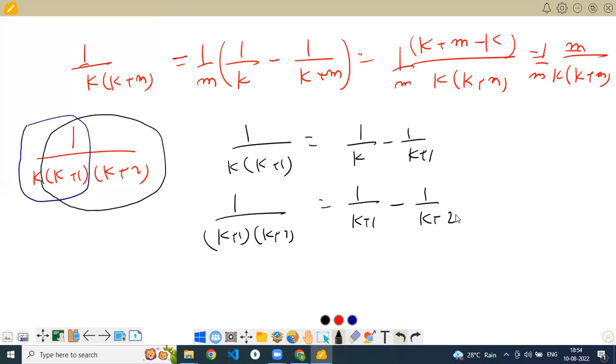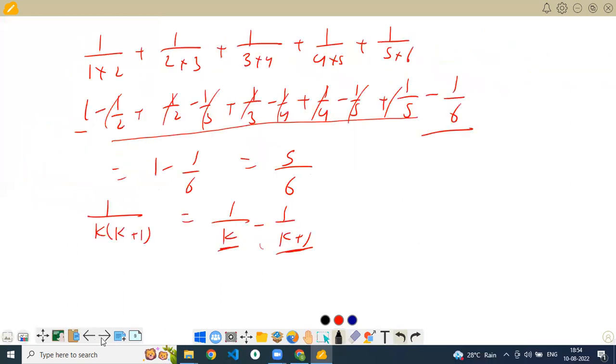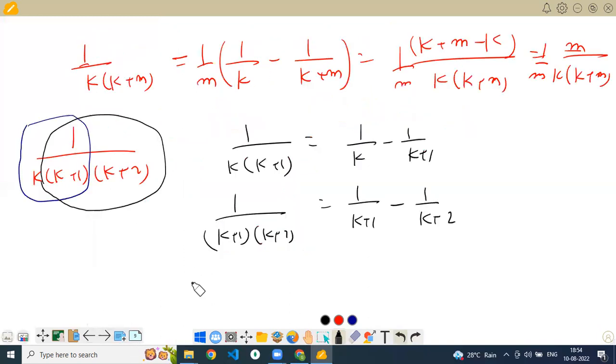So how do you get 1 upon k plus 1 minus 1 upon k plus 2? This is simple from here only, no? Instead of k, you write k plus 1, and here you write k plus 2. These two numbers are just a difference of 1, no? Yes.